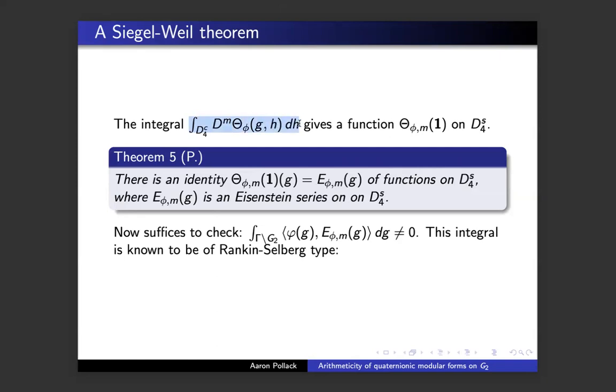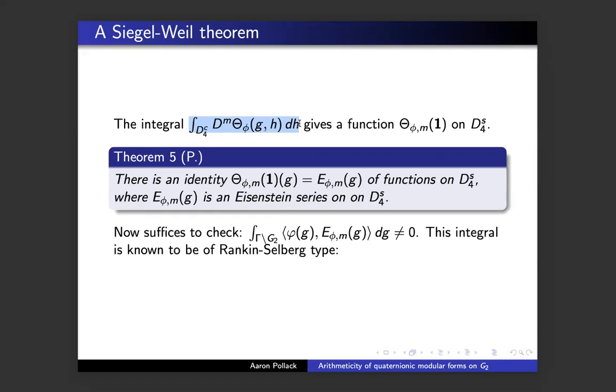And it turns out, because I have these two D4s, split D4 and compact D4, inside of E8, if I integrate over the compact D4, I get a function on the split D4. Okay, and when you do this, there's a Siegel-Weil theorem that comes into play.